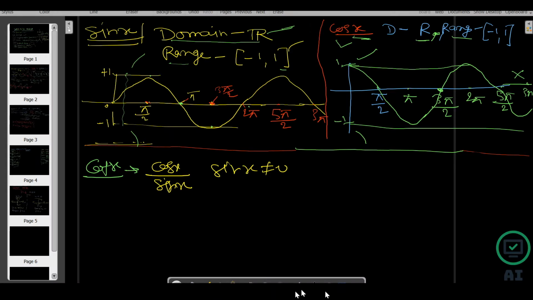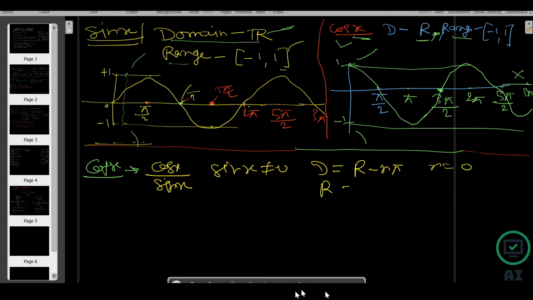You can see here at 0 it is taking 0, at pi it is taking 0, at 2 pi it is taking 0. So the domain will be all real numbers minus n pi. If you put n equal to 0, at 0 it is taking 0, so we are subtracting from the real numbers. So the domain is all real numbers, just subtracting wherever sin x takes value 0.